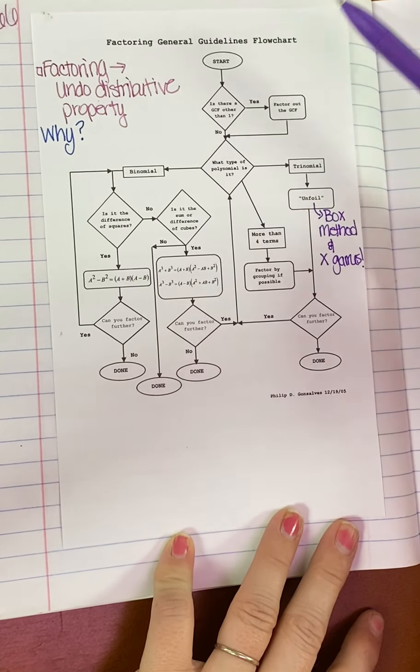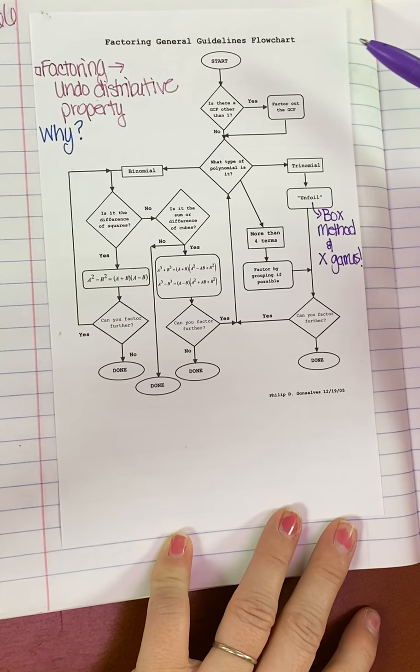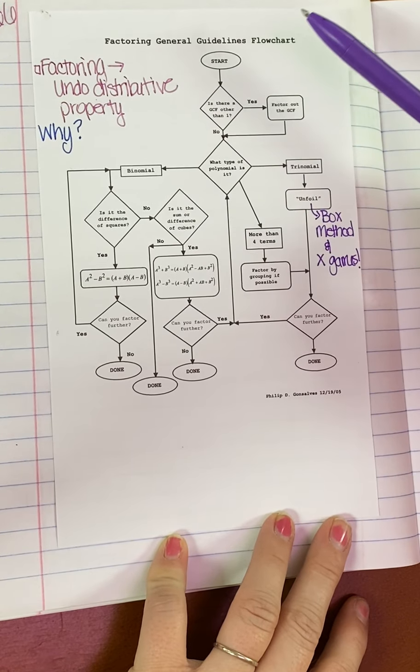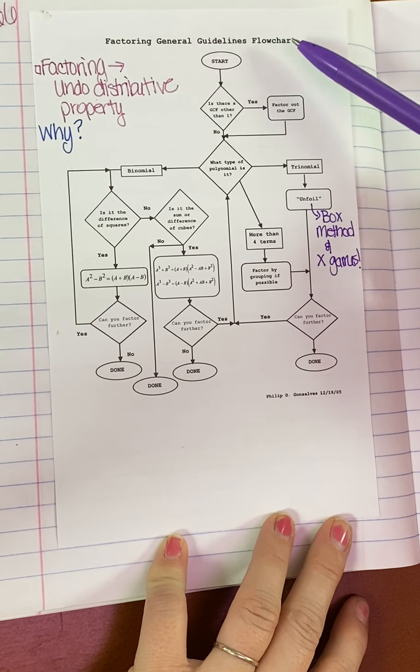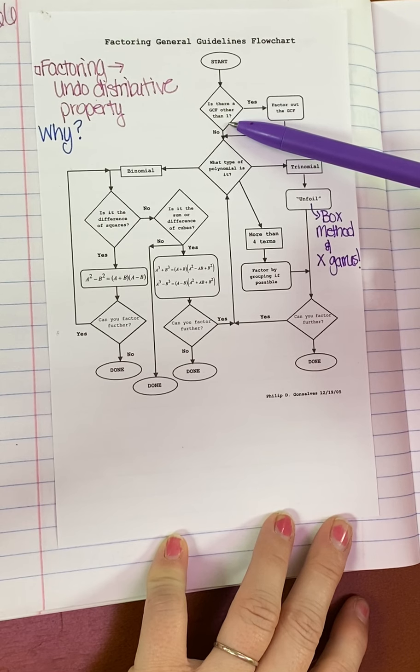So this guideline flow chart works through all of these different types of factoring, and you use certain ones at certain times depending on what the need is. So start there. Is there a GCF other than one? GCF, going back to 6th grade, I mean, what is that greatest common factor?